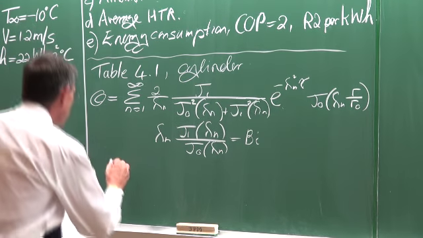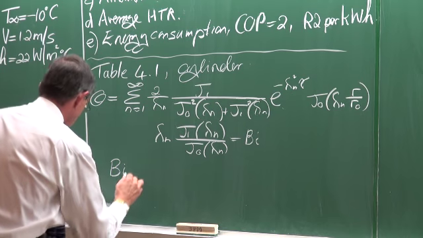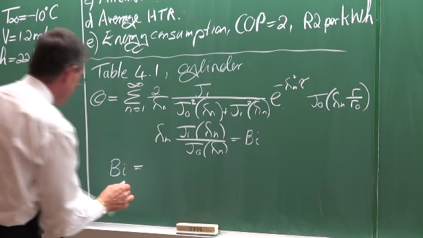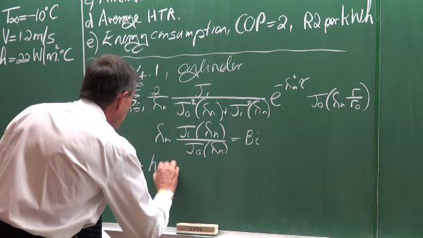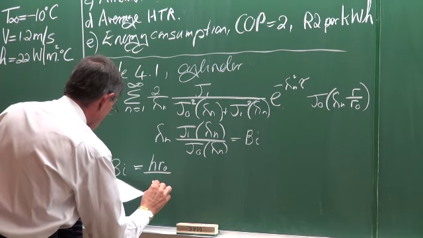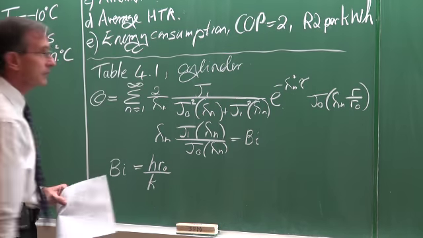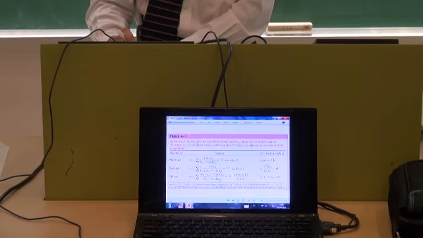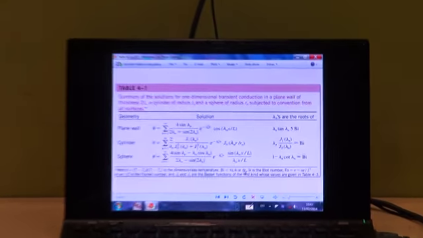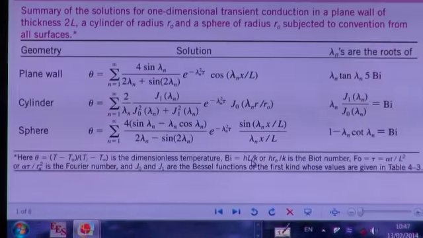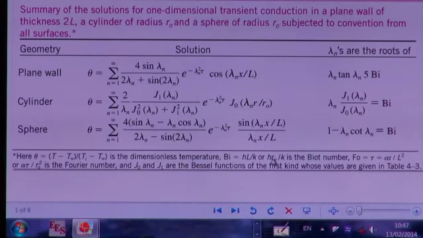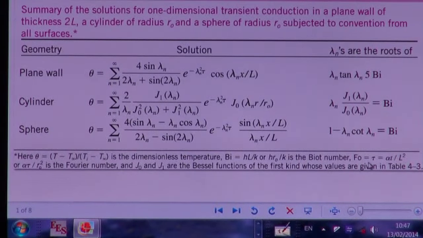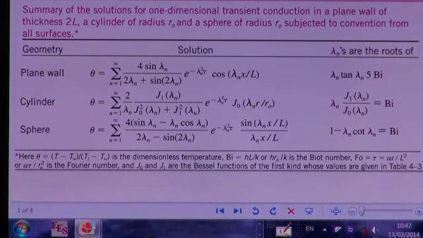Okay, so the Biot number, fortunately, is very simple to calculate: it is equal to h r0 divided by k. Where do we get it? Here in the fine print, Aaron, if you can just zoom in for me, the Biot number is equal to hL divided by k, or h r0 divided by k, for the cylinder and the sphere.